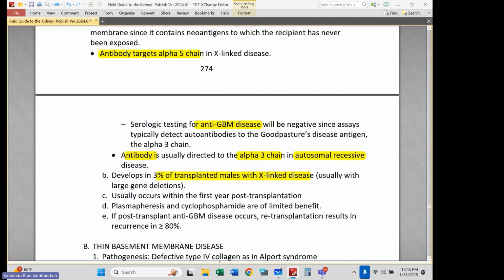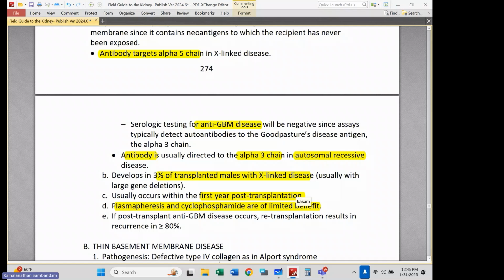And that makes sense because they'll have less protein expression and so are more likely to recognize that new gene product, or alpha 5 chain, as non-self. Okay. This happens typically early. We treat it. Treatment outcomes are typically not great.